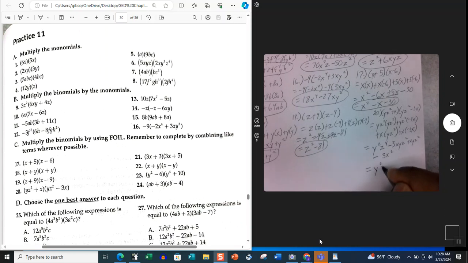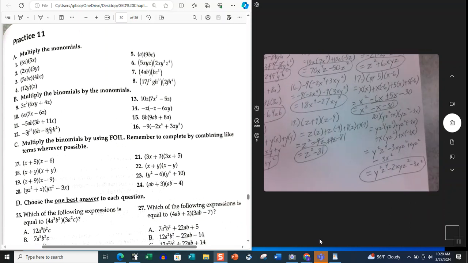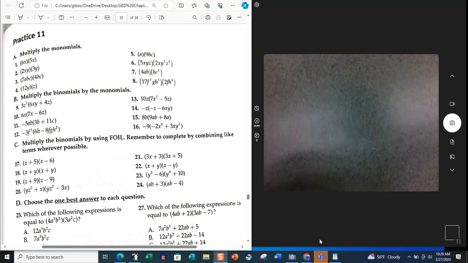We have y squared z to the 4th. Negative 3xyz squared plus xyz squared will give us a negative 2xyz squared. And then minus 3x squared, because there are no more like terms for the 3x squared. So that is the final answer for problem 20. All right, now we go here to problem 21.